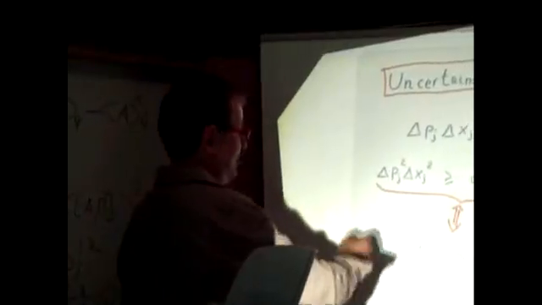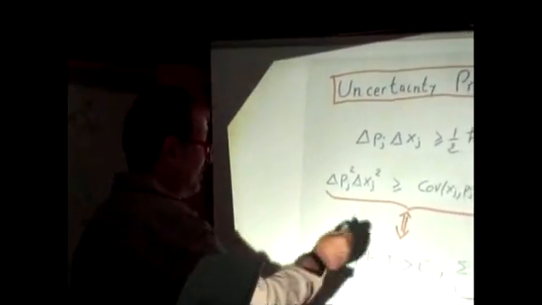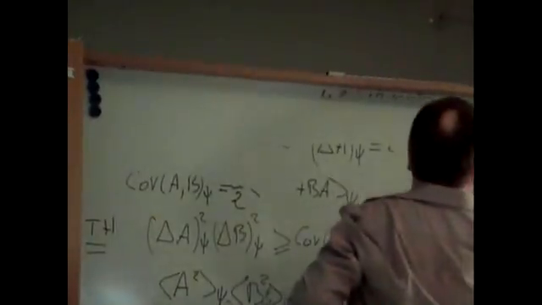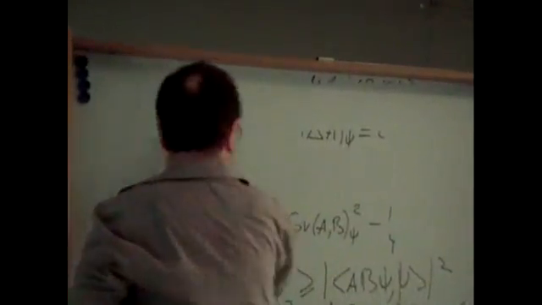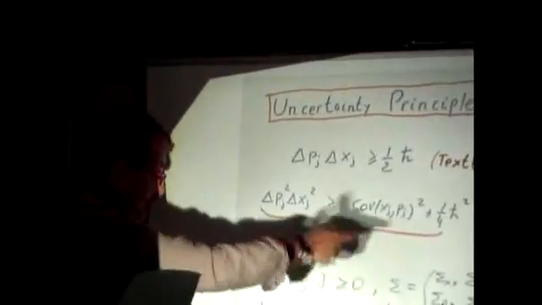And by exploiting the fact that this is positive semi-definite, you show that this condition is equivalent to these relations together with delta p_j delta x_k, for j different from k, superior to 0. It's purely linear algebra.